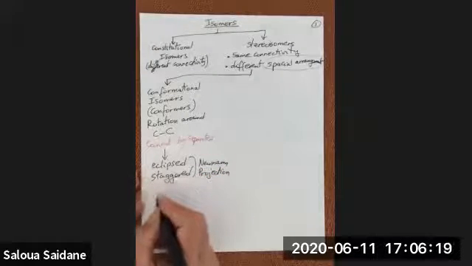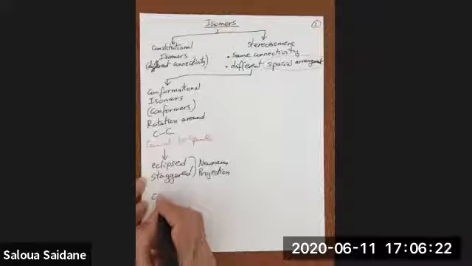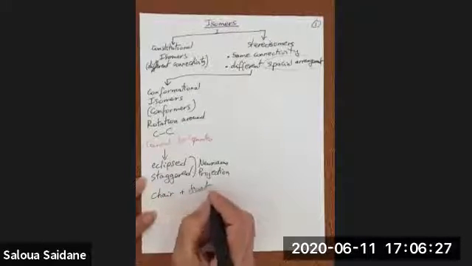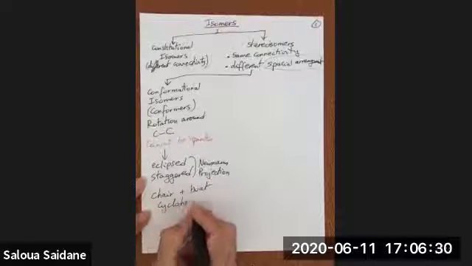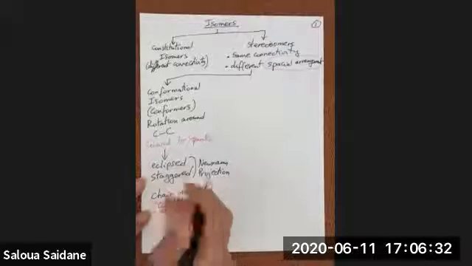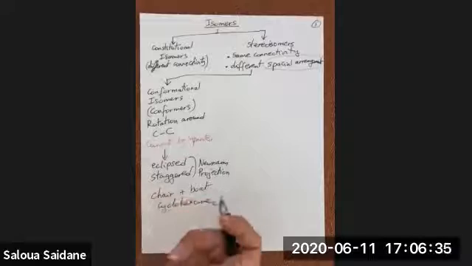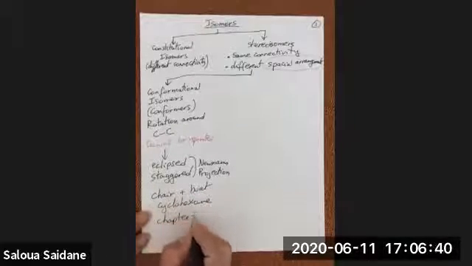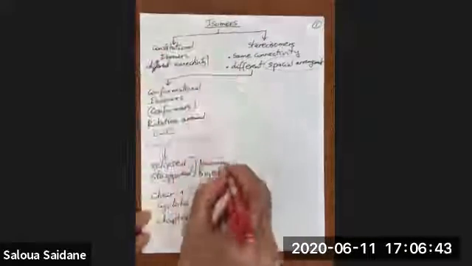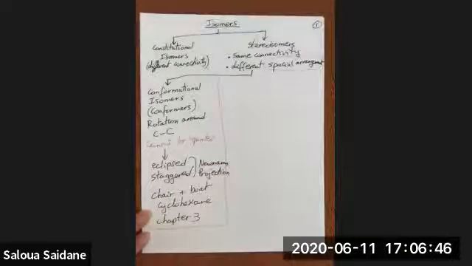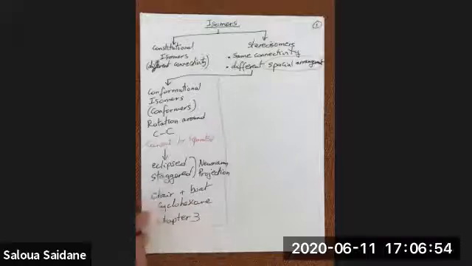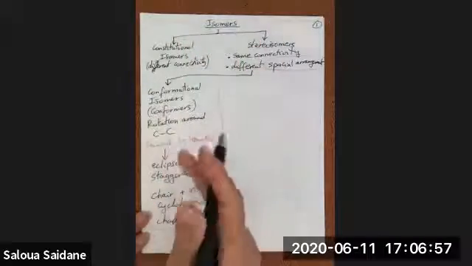We also talk about the chair and the boat for cyclohexane, and how you can flip them, go from one form to another, and that's part of chapter 3. So all this part right here is the end of chapter 3, which is what I did at the beginning of this module. The reason I put it here is because it really falls into this diagram.